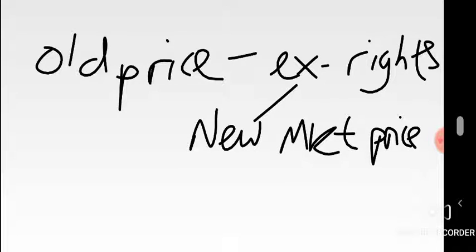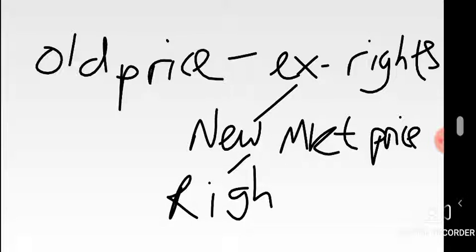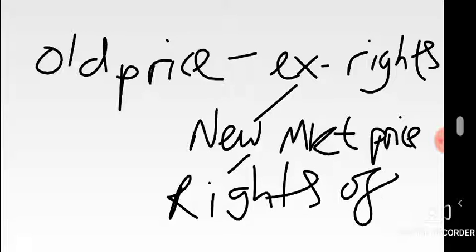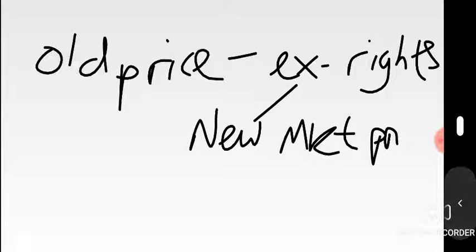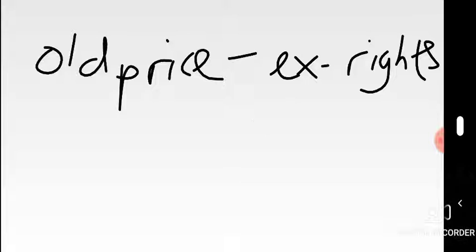These are just other names. Take note, in this course there are so many terminologies meaning one thing, so get to know everything. X rights means new market price or rights off. Take note of all those terminologies. So that's one way you would get the value of a right. It's basically your odd price minus X rights.